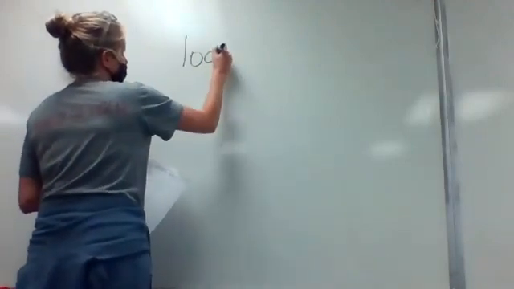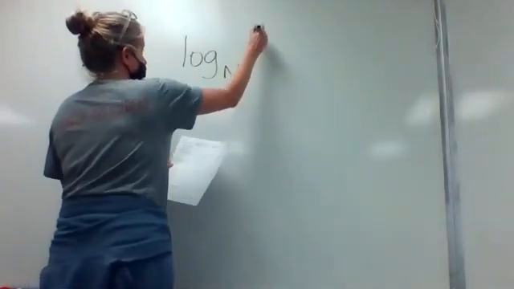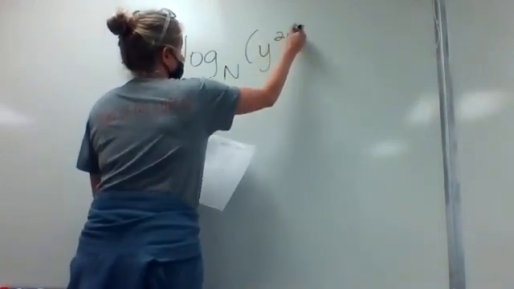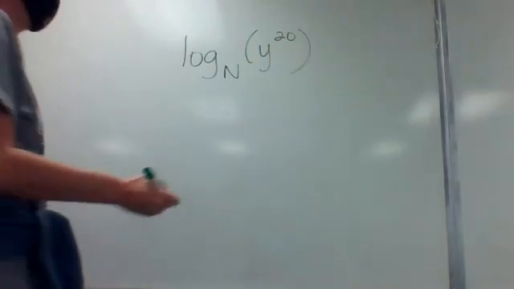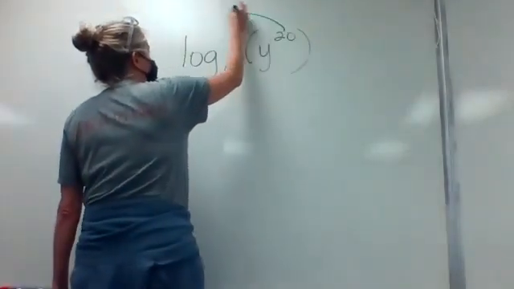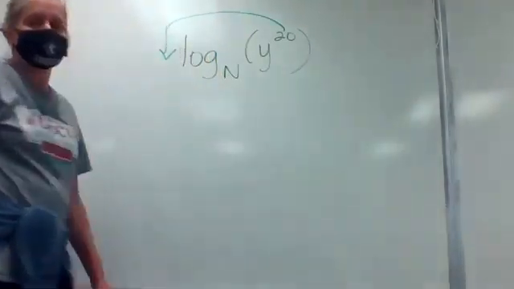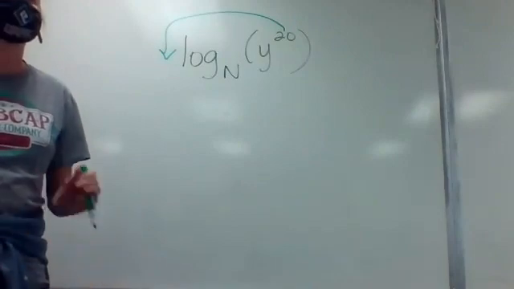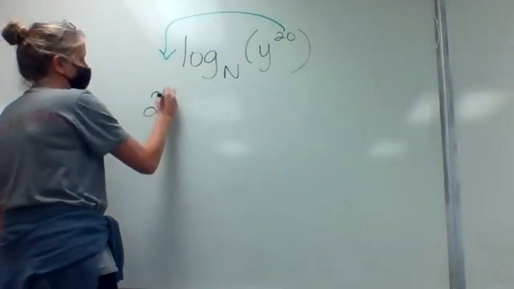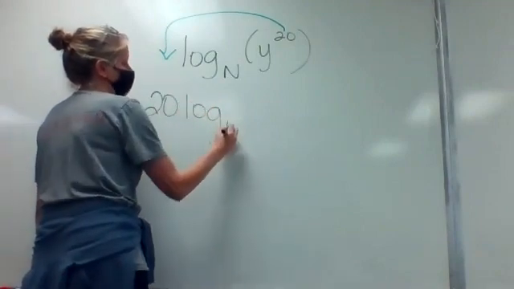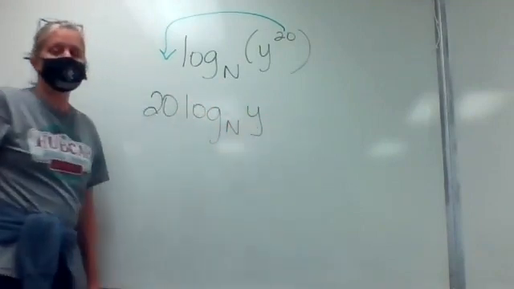On number 3, you have log base n of y to the 20th. So this one can be rewritten with this exponent down in front times the logarithm instead. So this is going to be the same thing as 20 times log base n of y.